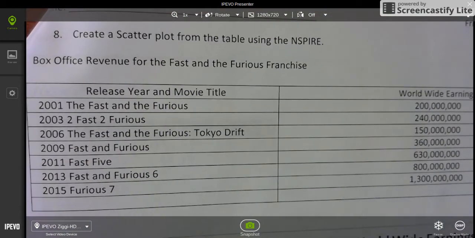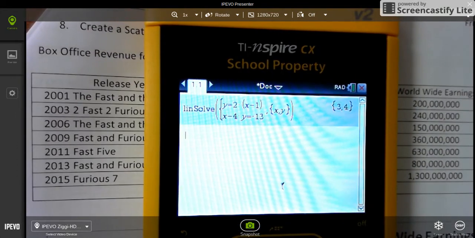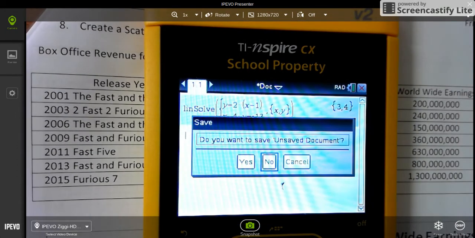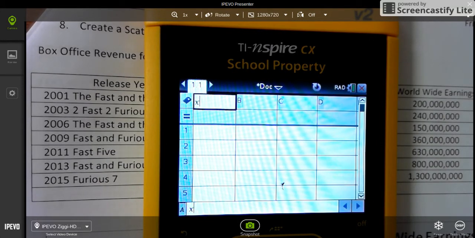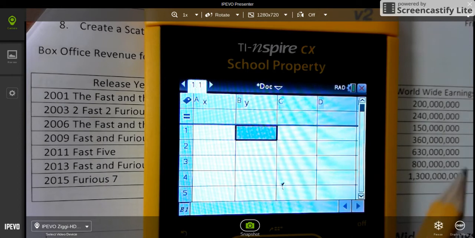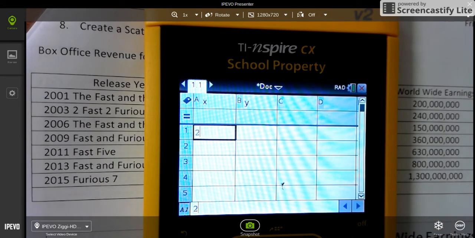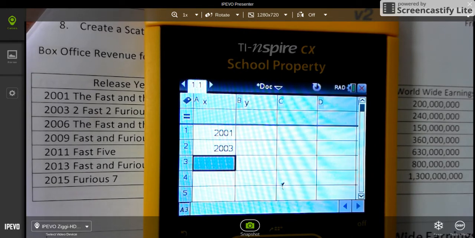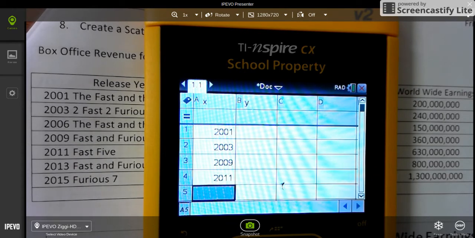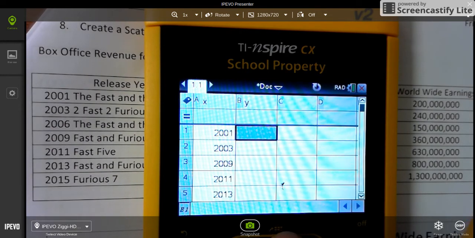Now, to put number 8 in your calculator, we're going to go to On, New Document, No, Add Lists and Spreadsheets. You're going to call this X, Y, and you're going to put in the years on the left: 2001, 2003, 2009, 2011, 2013, 2015. And then on the right, you're going to put the new variable value, the money value.